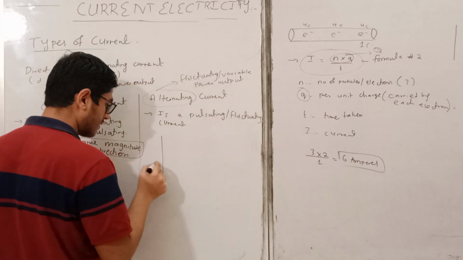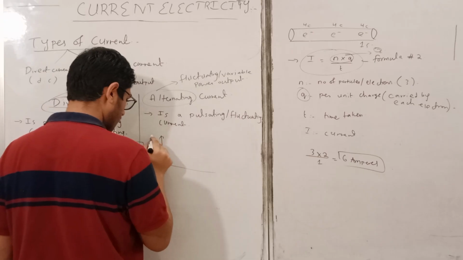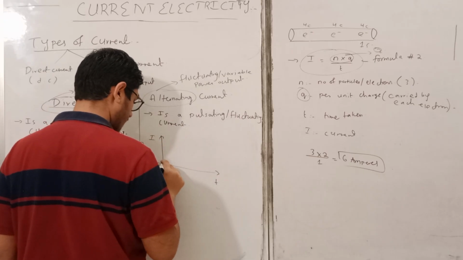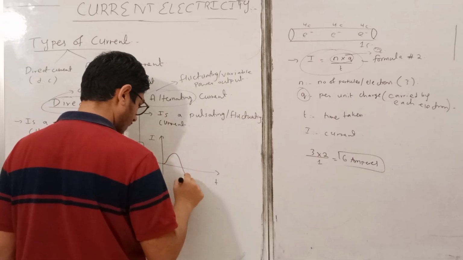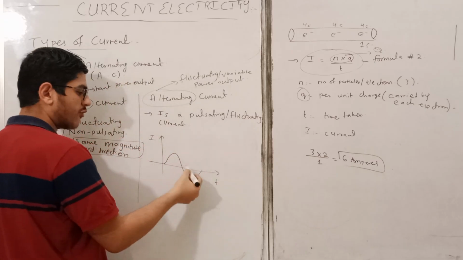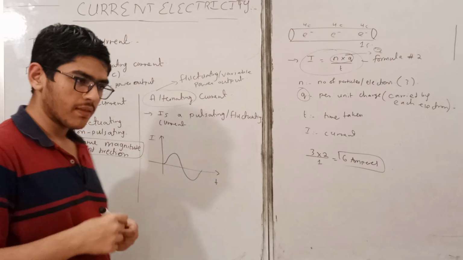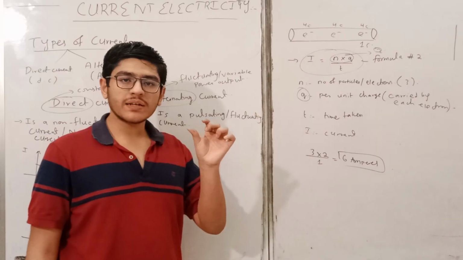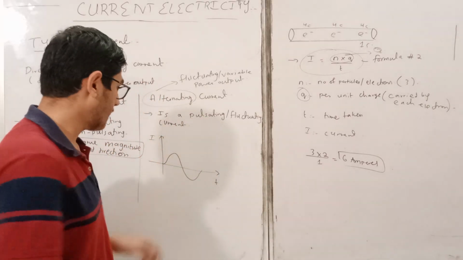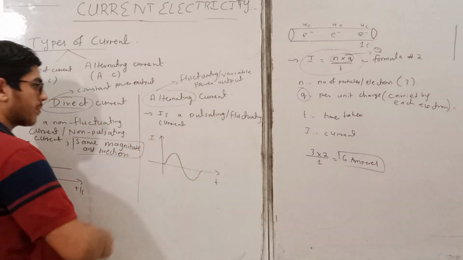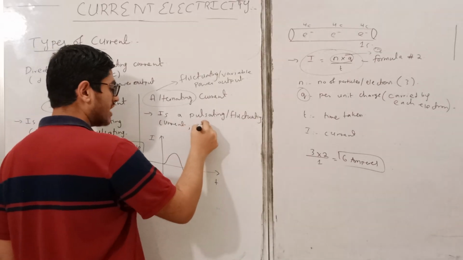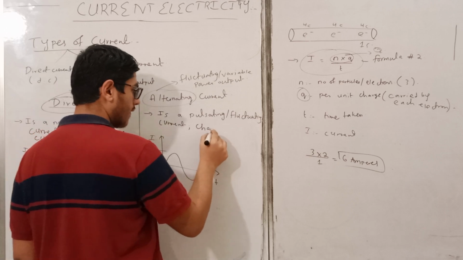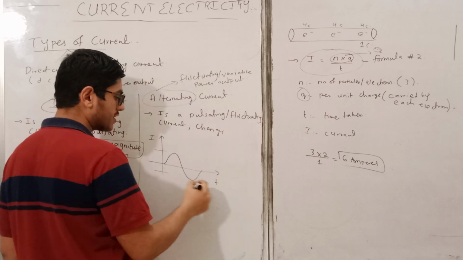Its graph is like this. It's in the form of a wave. In our syllabus, we only have DC motors, direct current motors. Its magnitude is changing, as you can see, and its direction is also changing.